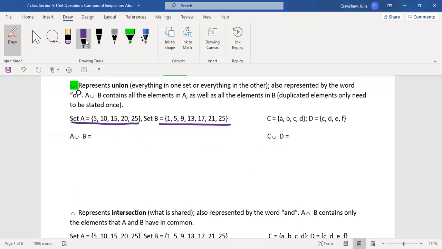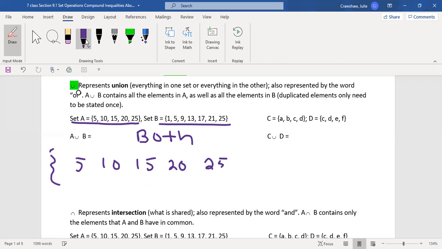If set A contains the numbers 5, 10, 15, 20, and 25, and set B contains the numbers 1, 5, 9, 13, 17, 21, 25, the union of those two sets is everything in both. So when you see the U, you're going to include everything in both sets. All the numbers in set A are 5, 10, 15, 20, 25.